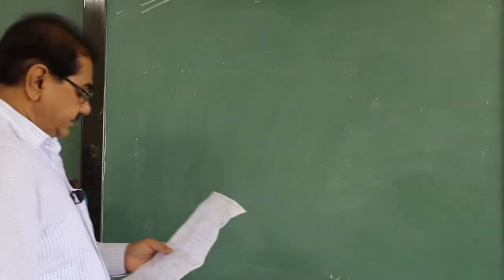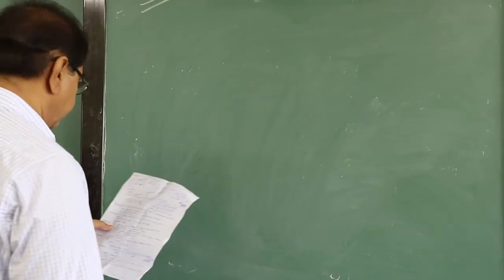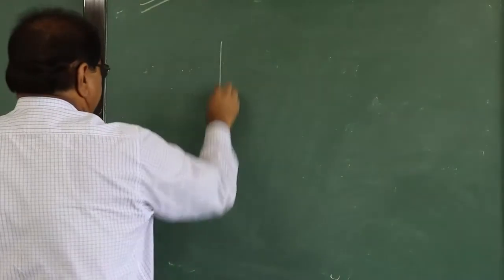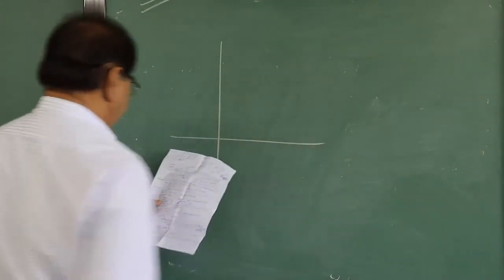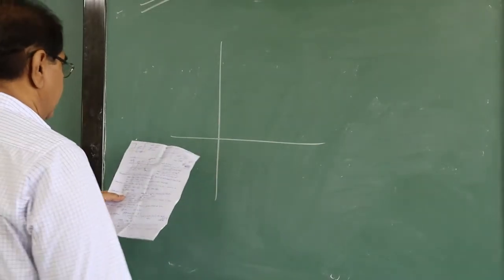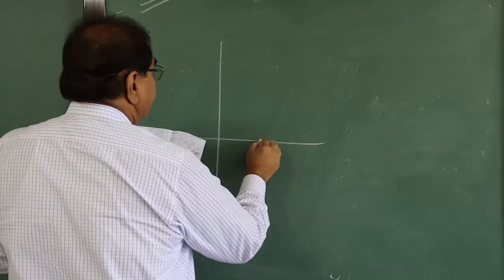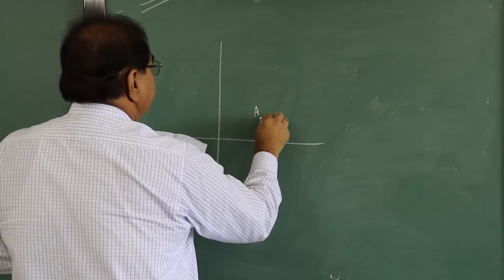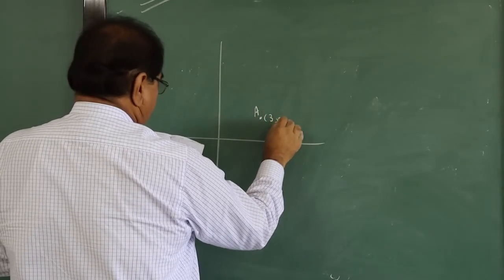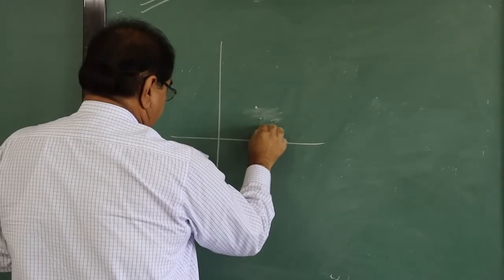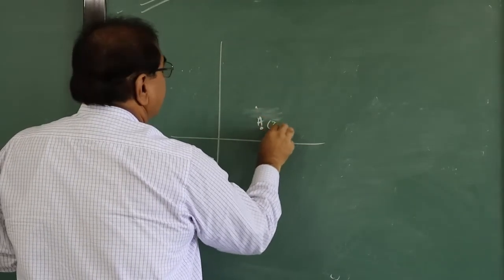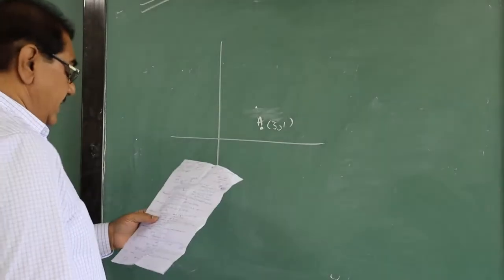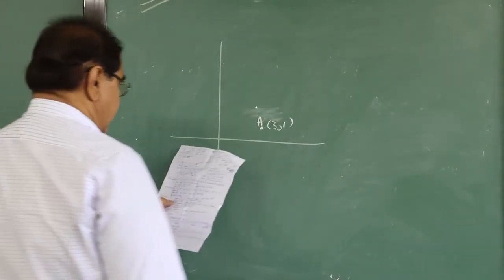Now we go for the third example. In a class, it is observed that Ashmi is sitting at a point A, and the ordered pair is (3, 1). Then the second girl is Bharti.